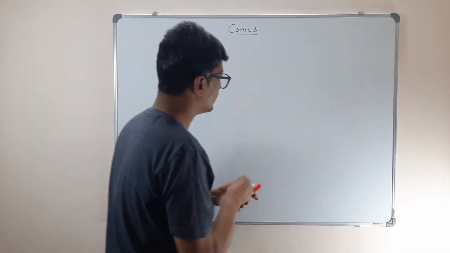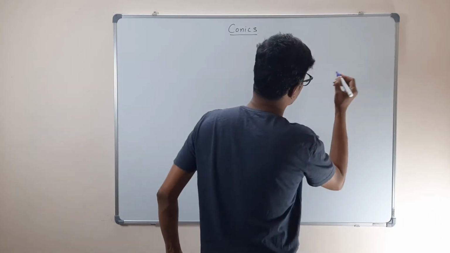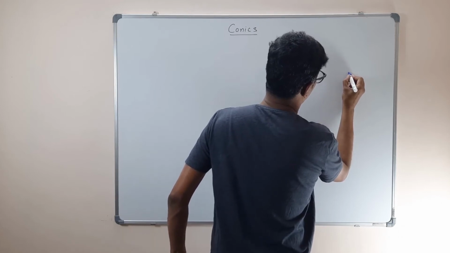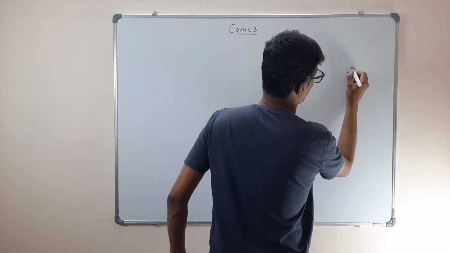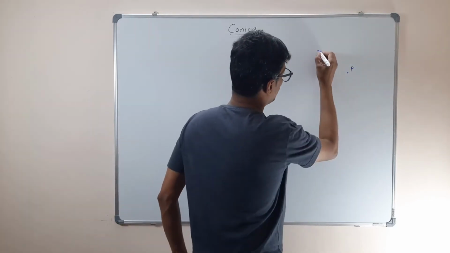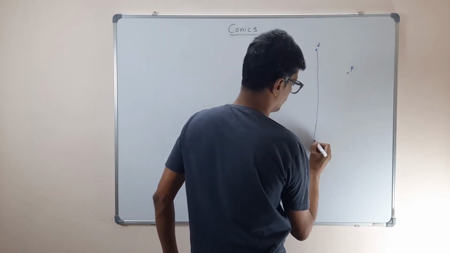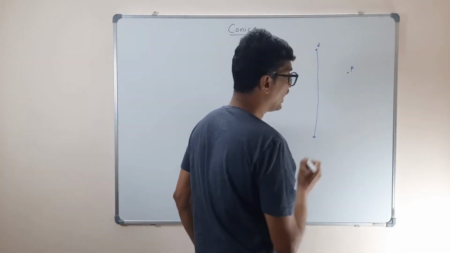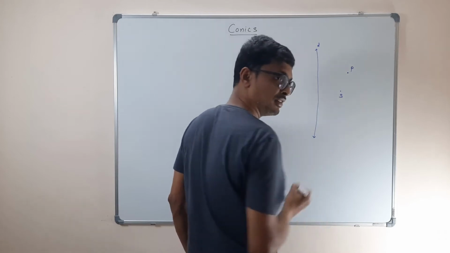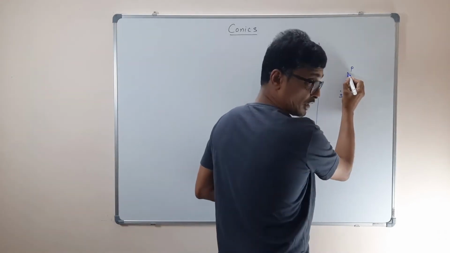So let there be a line L. Okay, so the conics is nothing but, let us have this point P, whose locus is the conics. So the conics is such that you have a straight line, say D, and I have another fixed point, say S. This is a fixed point, and this is the locus point we are saying.